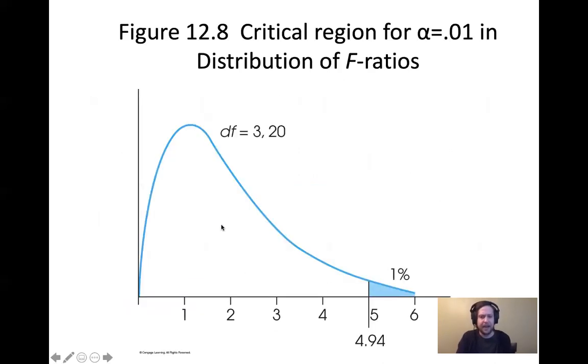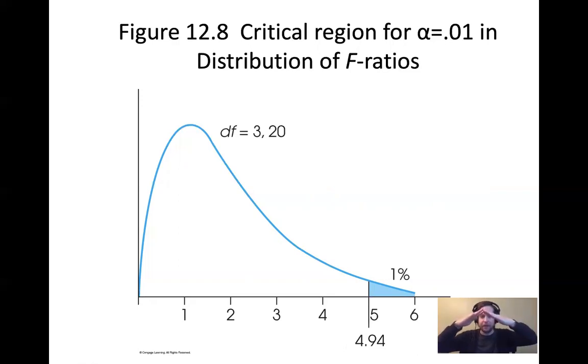Here's a conceptualization of that. You could look up on an F table a critical F of 4.94, and then the critical region, the rejection region, would be F values that are bigger than 4.94. So this is the distribution. Please notice that there's only one half of the distribution. When we were dealing with the T distribution and the Z distribution, it had a left side and a right side.